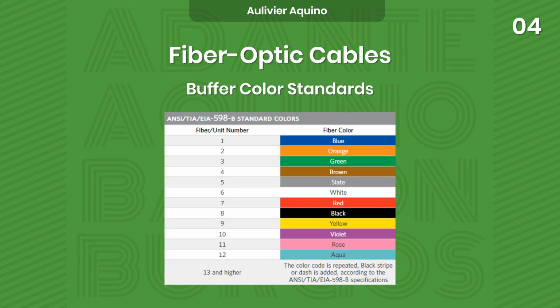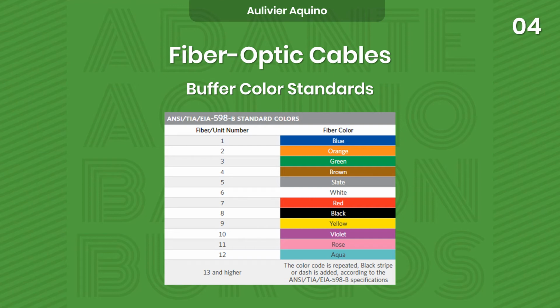Here are the standard colors for the ANSI/TIA/EIA-598-B. For fiber or unit numbers 1 to 12, the fiber color is blue, orange, green, brown, slate, white, red, black, yellow, violet, rose, and aqua, respectively.